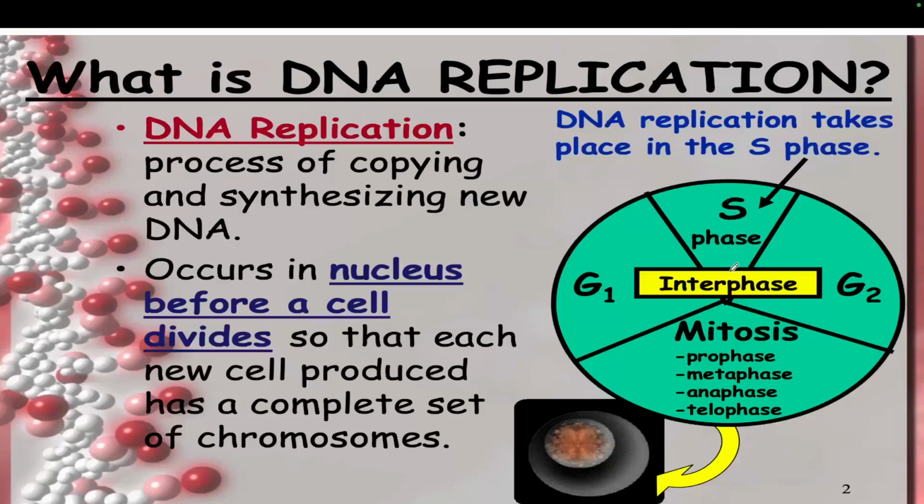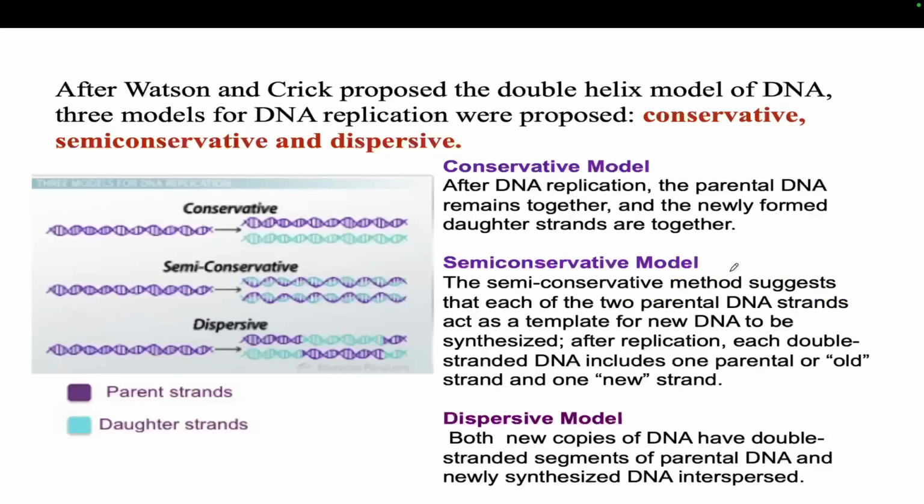Okay, then Watson and Crick proposed that the double helix of the DNA can replicate in three ways. The first one is the conservative replication, the second one is the semi conservative replication, and the third one is the dispersive replication.